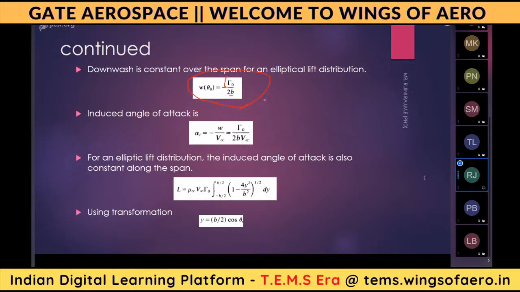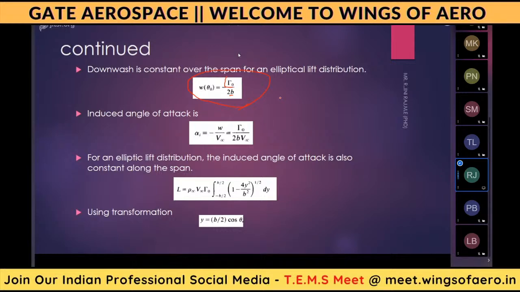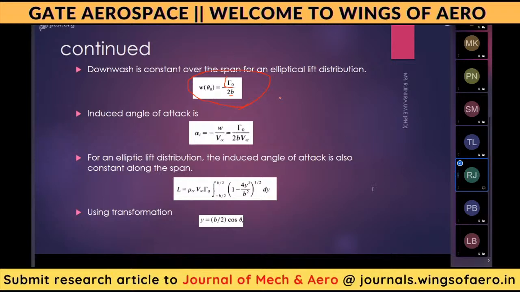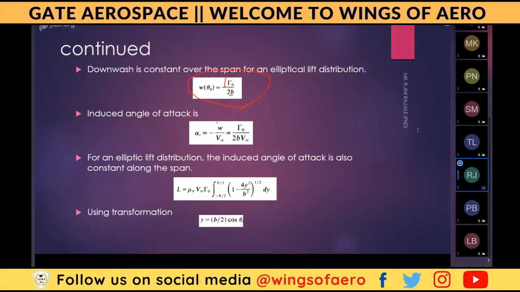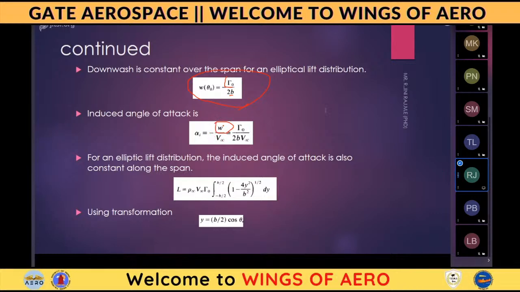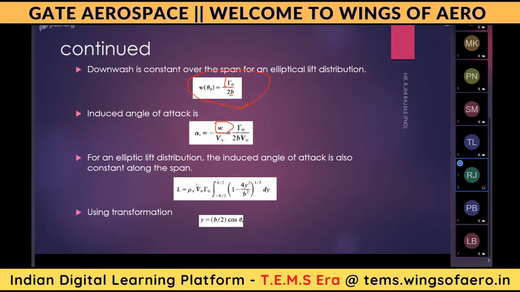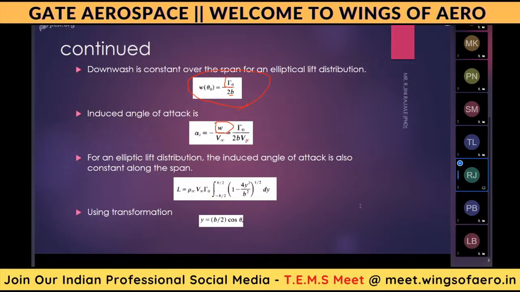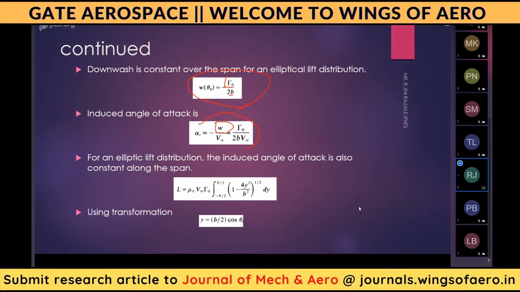If we know the downwash, then from the geometry of the aerofoil, as we saw in the last class, the induced angle of attack is equal to minus w by V infinity, where w is the downwash and V infinity is the free stream velocity. Applying this, the minus signs cancel, and the remaining thing is gamma naught divided by 2b V infinity. This is the value for the induced angle of attack.